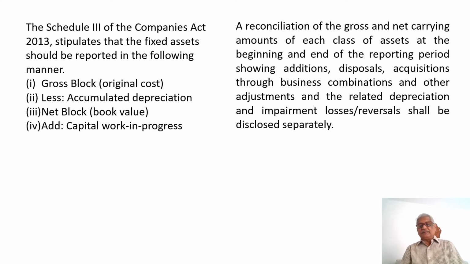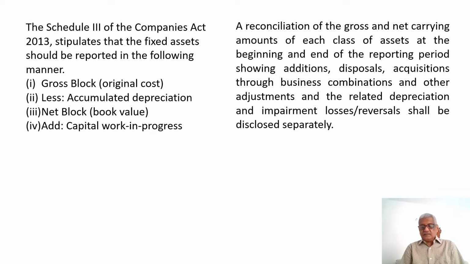Now, the second requirement of Schedule 3 of the Companies Act 2013 says a reconciliation of the gross and net carrying amount of each class of assets at the beginning and at the end of the reporting period, showing additions, disposals, acquisitions through business combinations and other adjustments, and the related depreciation and impairment losses or reversals, shall be disclosed separately.